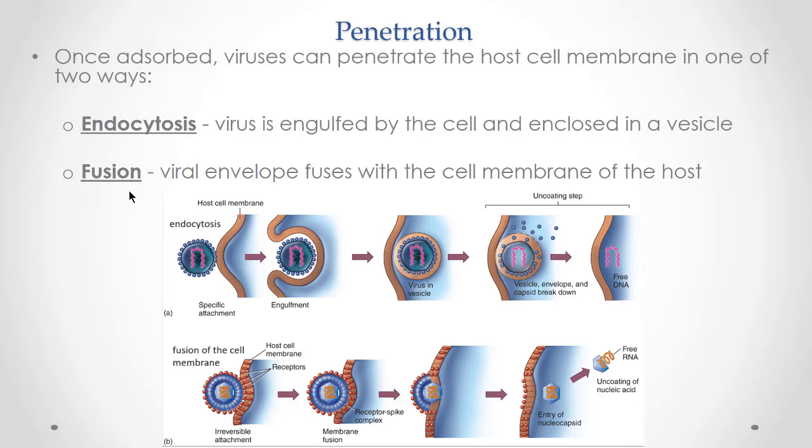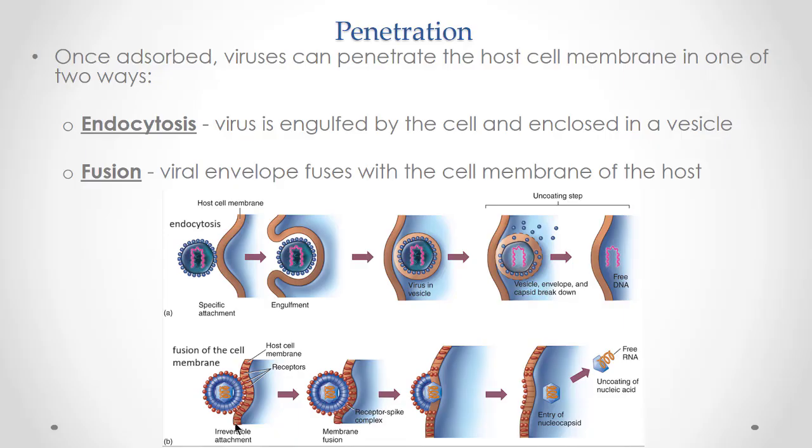The fusion mechanism takes place with certain types of viruses called enveloped viruses. We talked about those in the last section. I mentioned naked viruses and enveloped viruses. We'll talk a little bit more about the envelope in the coming section. But what happens with enveloped viruses is they have this special layer called the envelope, and it's the same material as the host membrane.